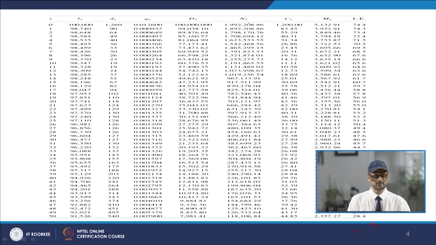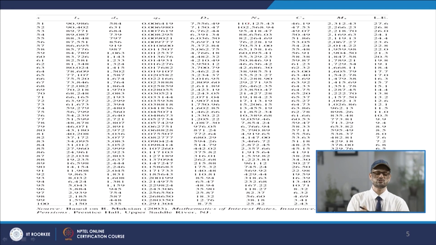So, for 70, it is coming out to be something like 21,462.35. It is nothing but the summation of all these dx from 70 onwards.